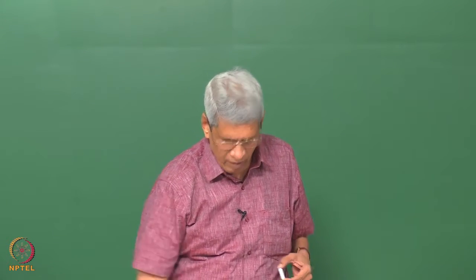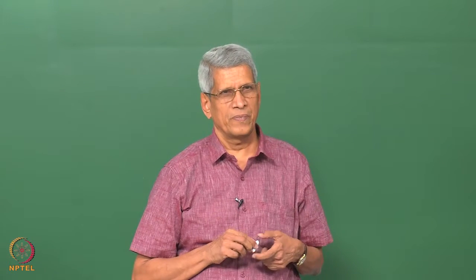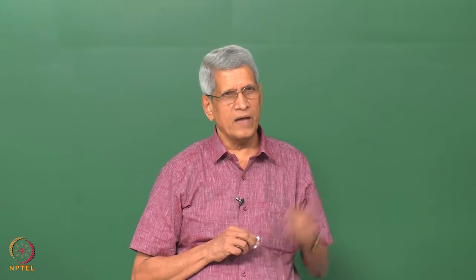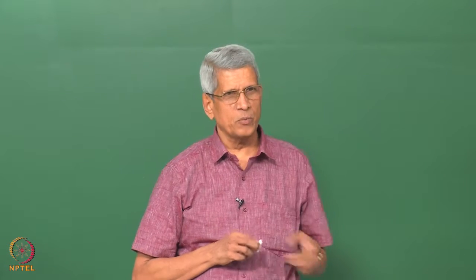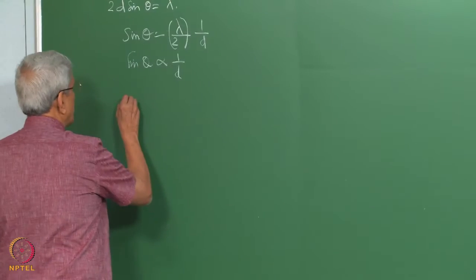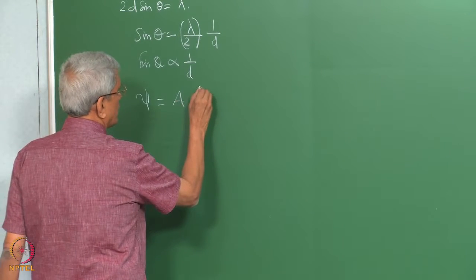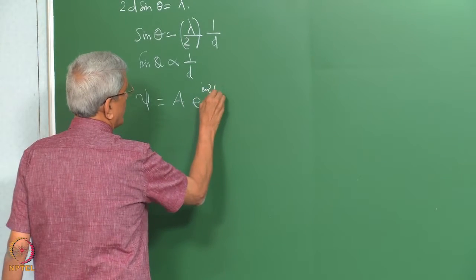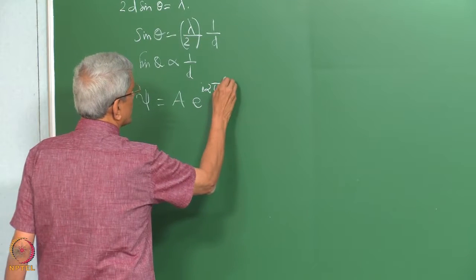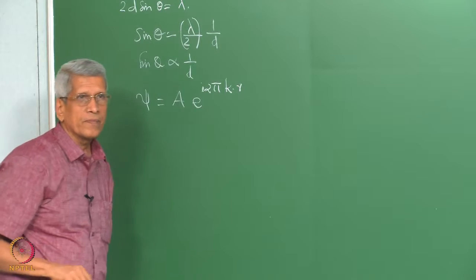The way we represent a periodicity is always by using a mathematical expression, right? Even for an electromagnetic wave, when we represent it, we write it as e to the power of k dot r.